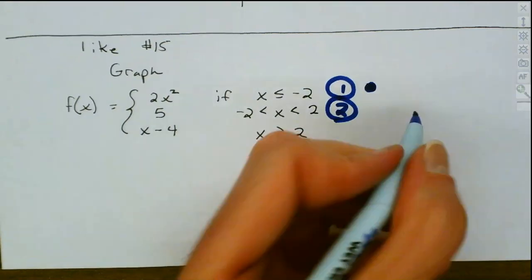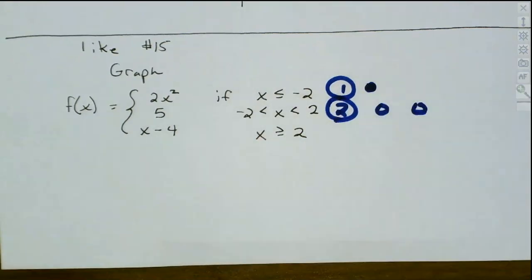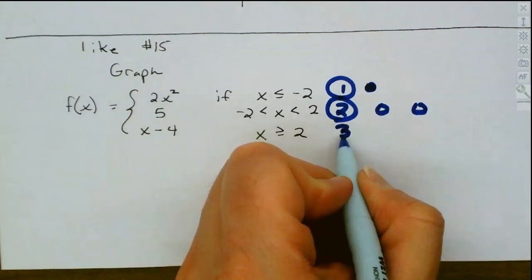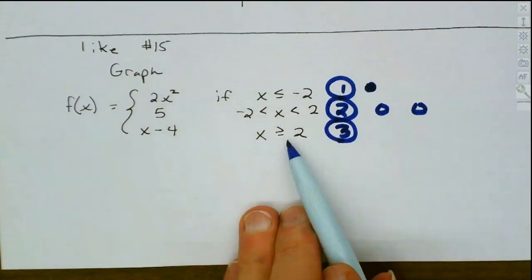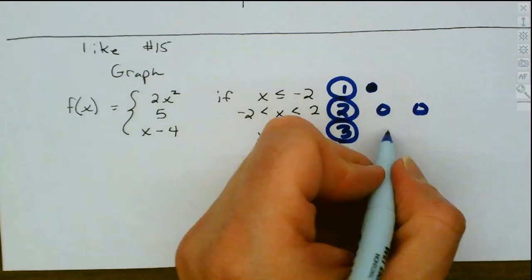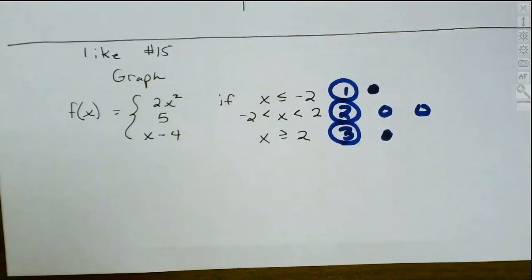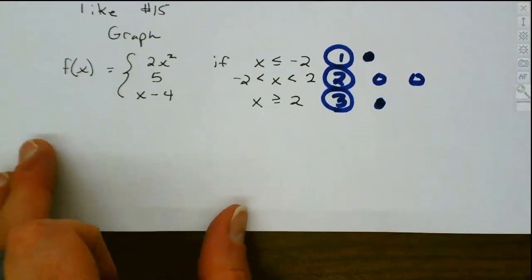In this case, both of them are open circles, right? What about the third one? X is greater than or equal to 2, so it gets a closed circle. Now, we're going to do each row individually, and we'll put them on the same graph.